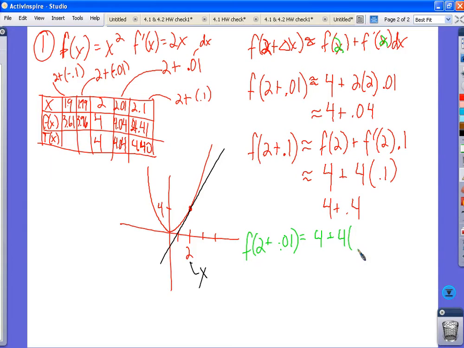And we're going to multiply that by dx, which is negative 0.01. That's 4 minus 0.04. That gives us 3.96. Accurate to 2 decimal places at least.